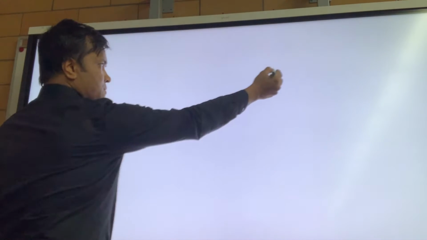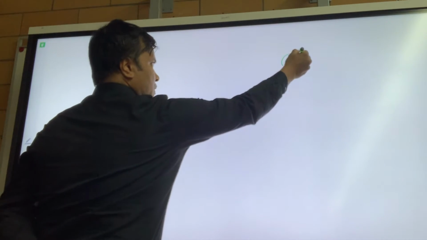Today we're going to do the Atwood machine, two masses hanging on a pulley, as simple as that. So let's draw a pulley and put two masses hanging on this pulley.